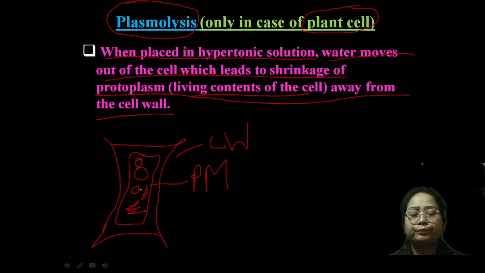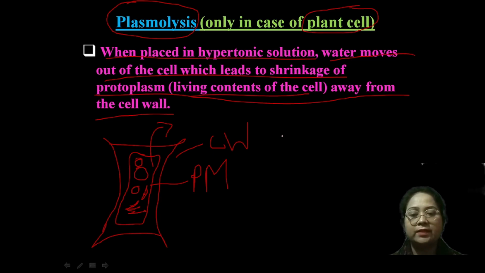Now, as and when we place the cell in a hypertonic solution, water will move out of the cell to the external environment, and this will lead to shrinkage of the protoplasm.